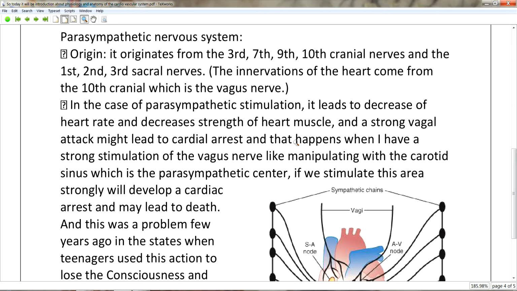When do I get cardiac arrest? When I have strong stimulation of the vagus nerve, which is responsible for the parasympathetic, like manipulating the carotid sinus, which is a parasympathetic center. If we stimulate this area strongly, cardiac arrest will develop and may lead to death.